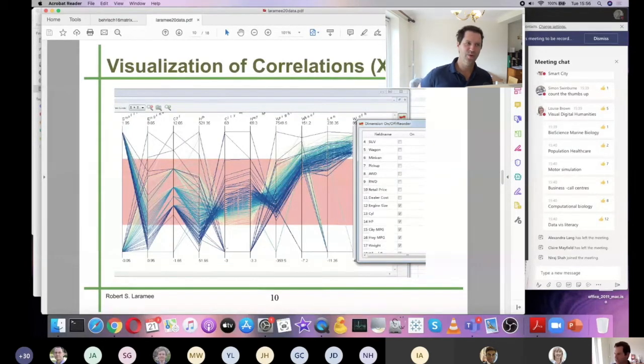Small horsepower usually is associated with a smaller engine. A smaller engine is usually associated with higher fuel efficiency, right? So those direct relationships and those indirect relationships between attributes show up in these high-dimensional parallel coordinate plots.